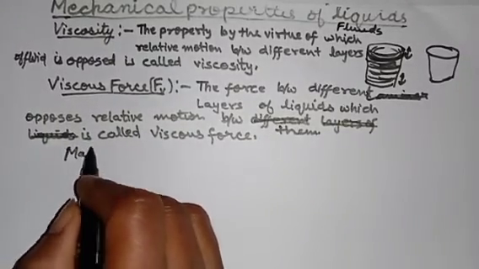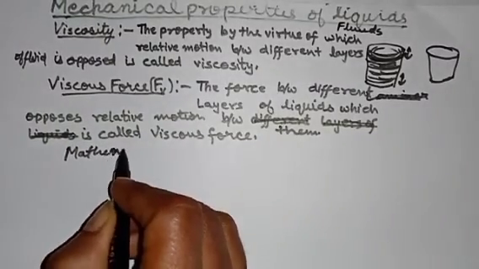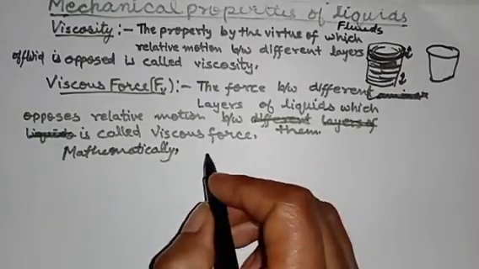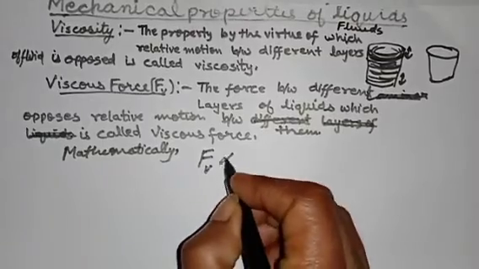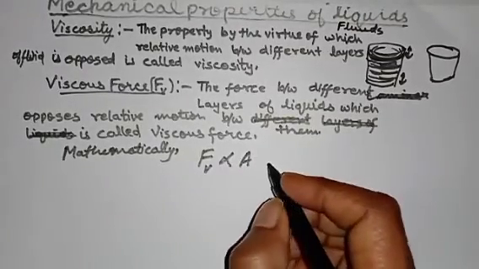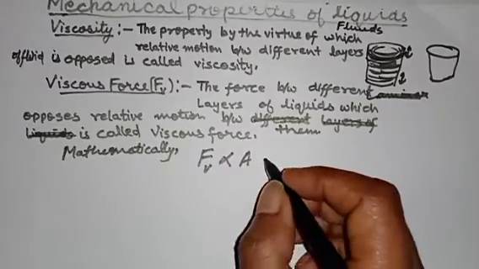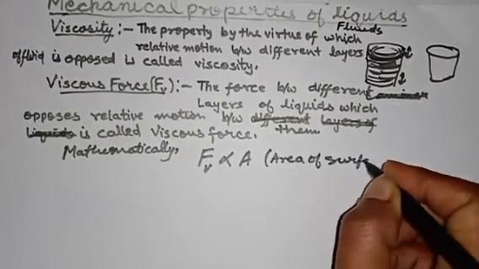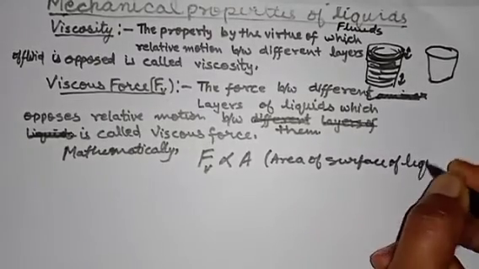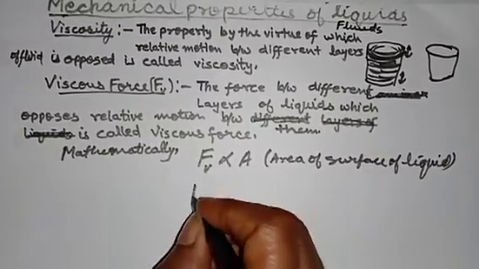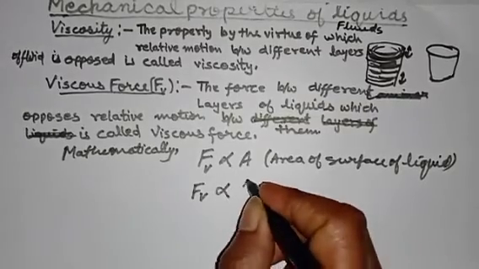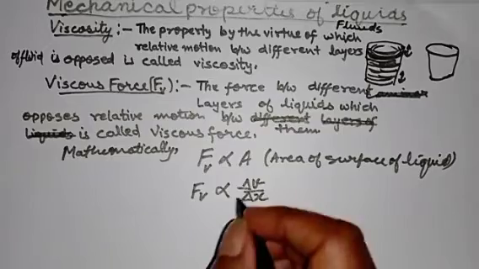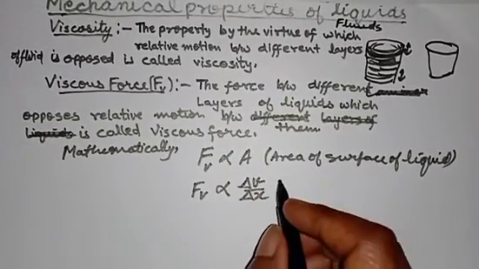Mathematically there is a relation. This viscous force is directly proportional to the area of cross section, the area of the surface of the liquid. And one more parameter is there, delta V by delta X. Generally it is written with a negative sign, but I'm avoiding writing that.